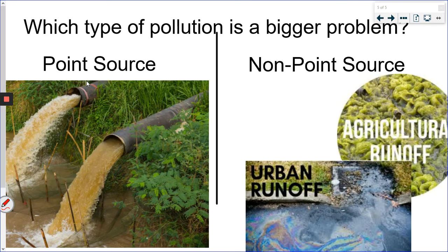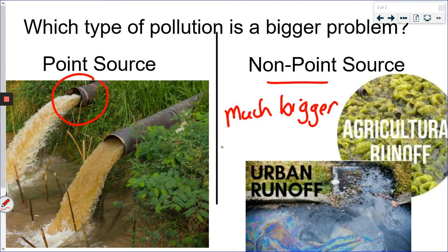If we can find the source, we can fix the problem. Non-point source is a much bigger issue. And the reason it's a much bigger issue is because it's really difficult to control. It is widespread and very difficult to control.